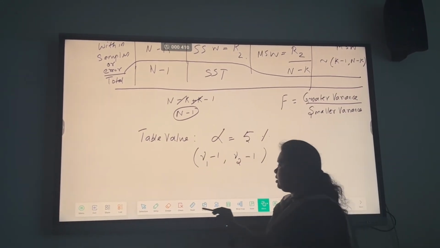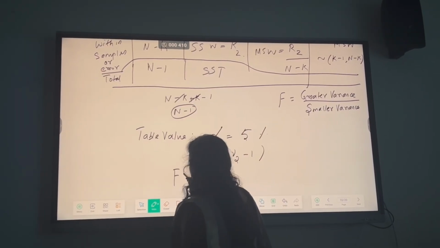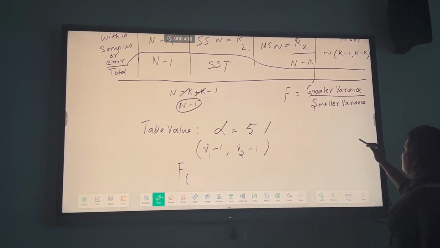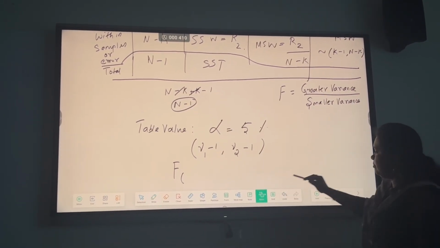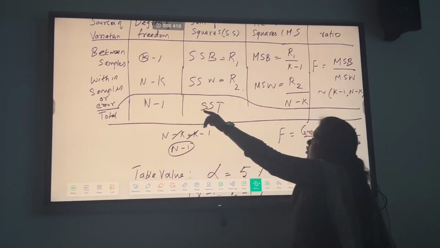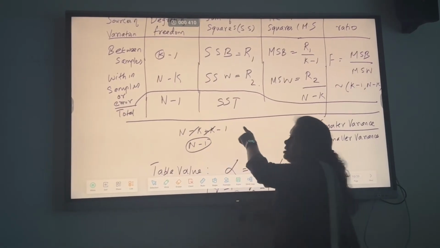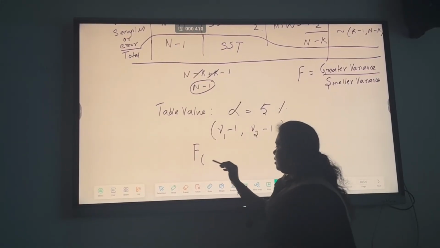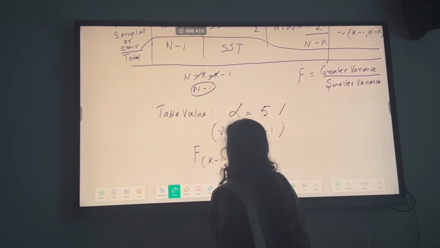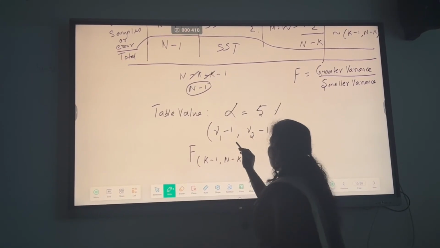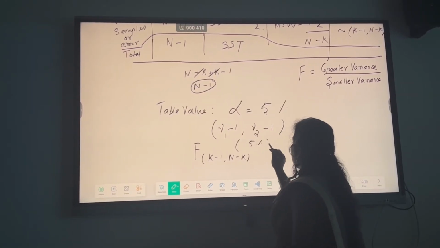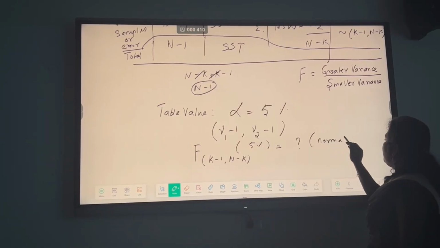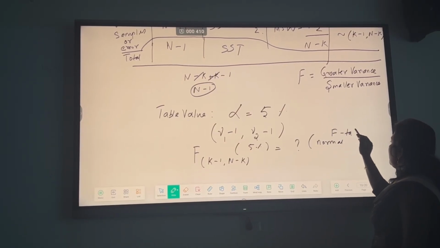So we will find F with k minus 1 comma n minus k degrees of freedom. You have to look at the F table and find the value.